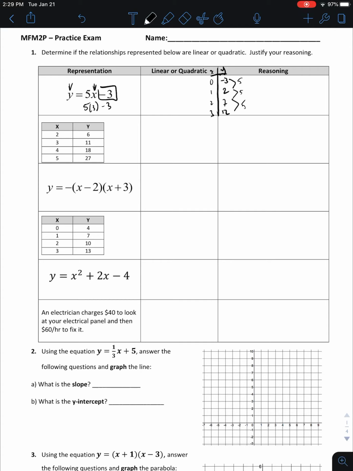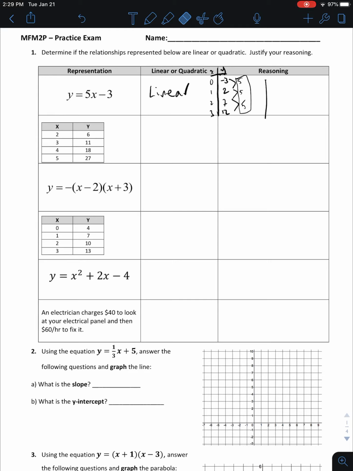So we get 5, 5, 5. Because these are the same, we know that this is a line, or linear.